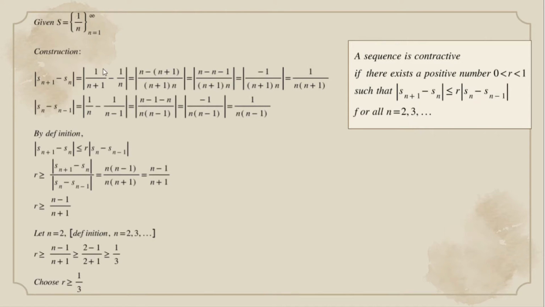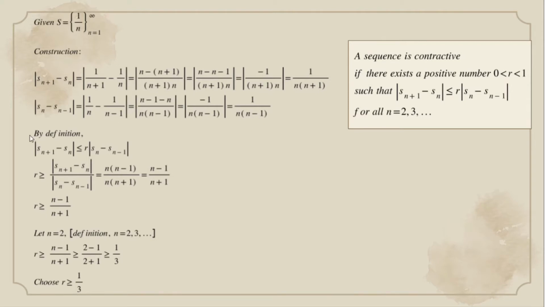So we'll begin by constructing the first and second terms. We'll substitute the n plus 1 and n minus 1 into the sequence. So we'll simplify and obtain for the first term 1 over n times n plus 1, and the second term will obtain 1 over n times n minus 1.